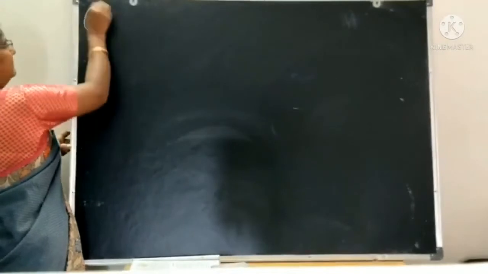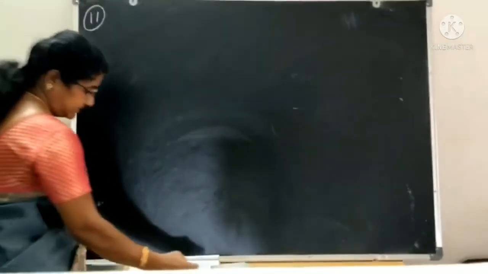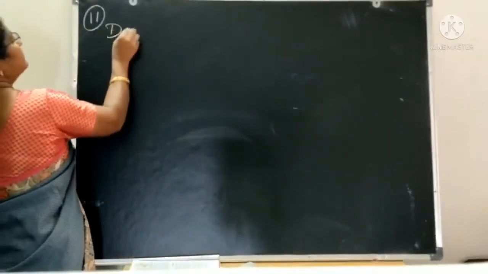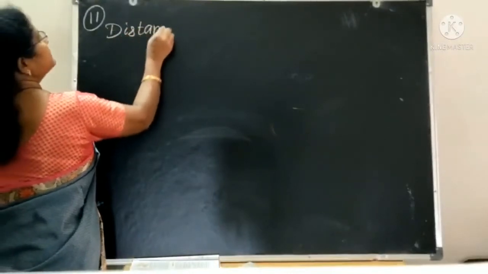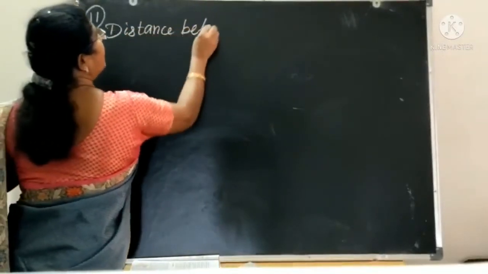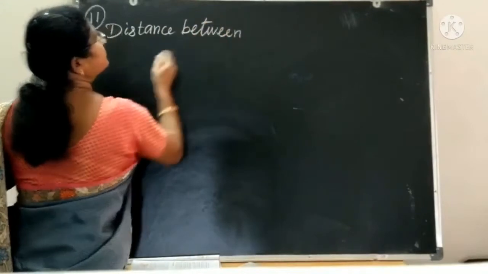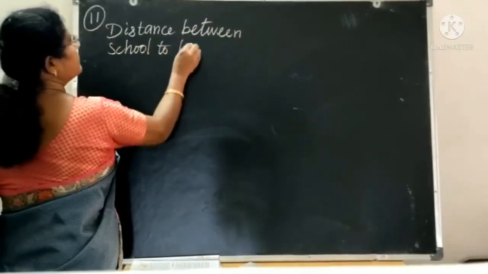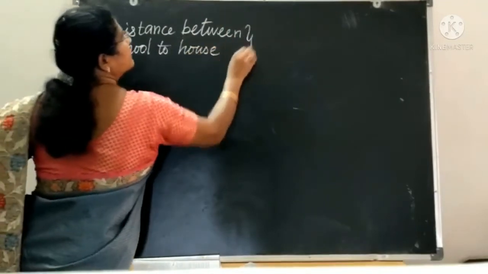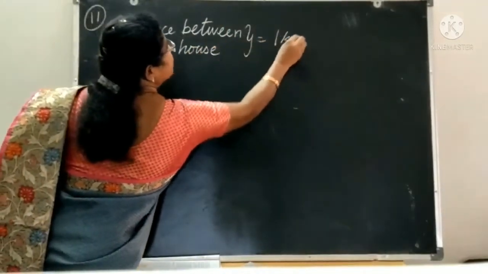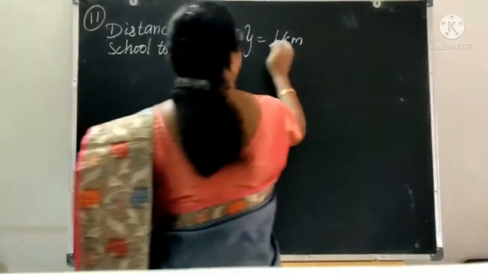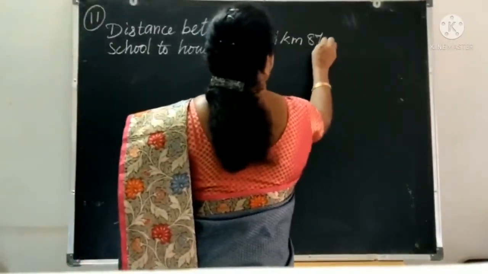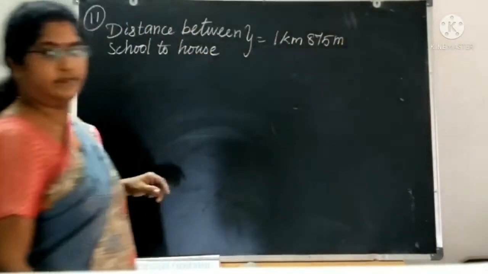Question number 11. They have given the distance between school and house, 1 kilometer 875 meter.